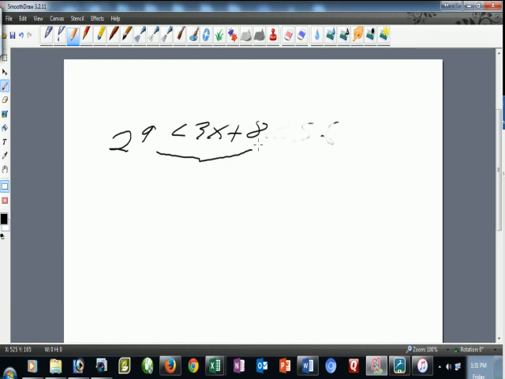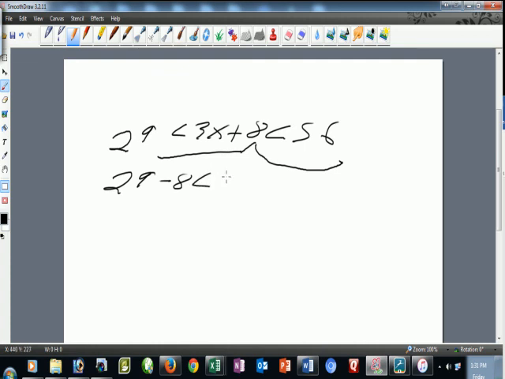Then the second time, I gotta let that 8 go that way also. So you're really doing two problems. 29, subtracting the 8 from him. 3x, moving the 8 over here. That's one way to look at it.